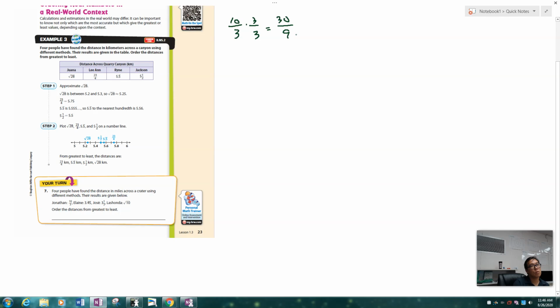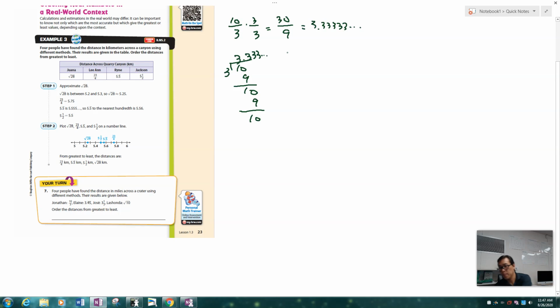All right, 10 divided by 3 is 3, 3 times 3 is 9, remainder 1, so 0.3333333 forever. Do you notice that if my denominator is 9, this is going to be a repeating decimal? So it's 3.33333 forever.